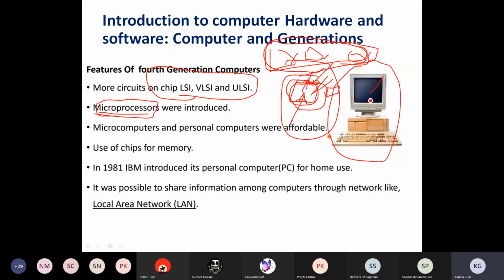We started calling it the personal computer because it could be bought by any person for general purpose uses. Memory ICs also came into existence during the fourth generation. In those days we used magnetic tapes, and along with those magnetic tapes we came across memory ICs that help speed up the system.